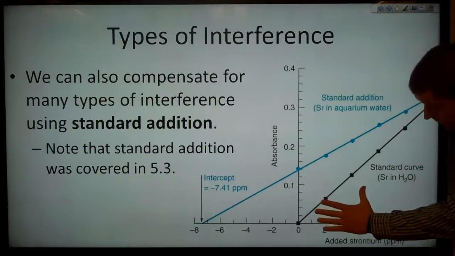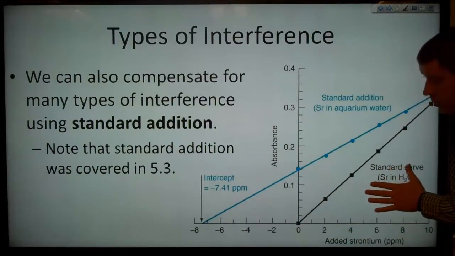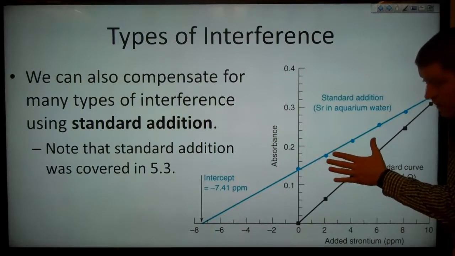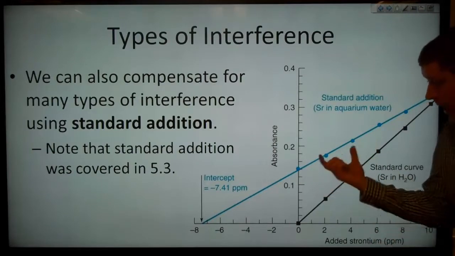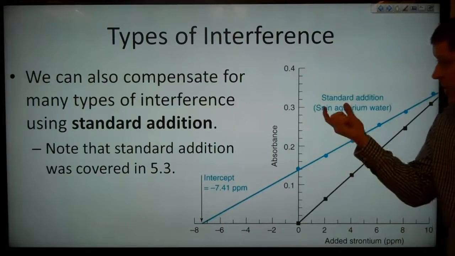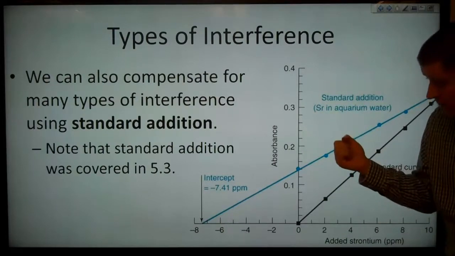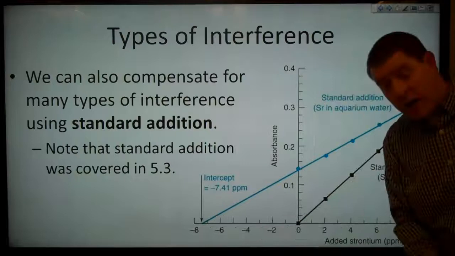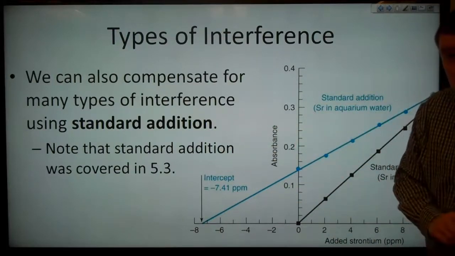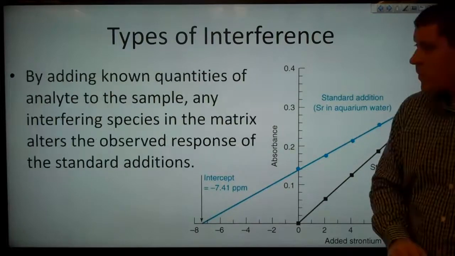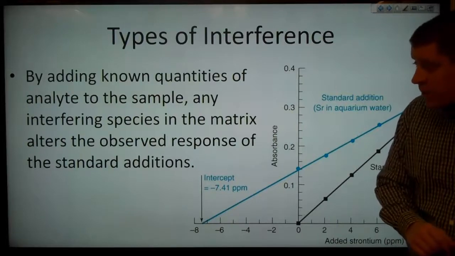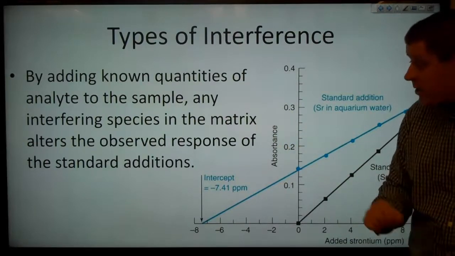So again here, we've got our standard curve in pure water, and then here we've got a standard curve in the aquarium water, where we're adding portions of standard to the aquarium water, and we already have some, in this case, strontium around to begin with, and we can then find the x-intercept, and that will be negative whatever our concentration was in our aquarium water. So by adding known quantities of analyte to the sample, any interfering species in the matrix will alter the observed response of the standard additions as well.